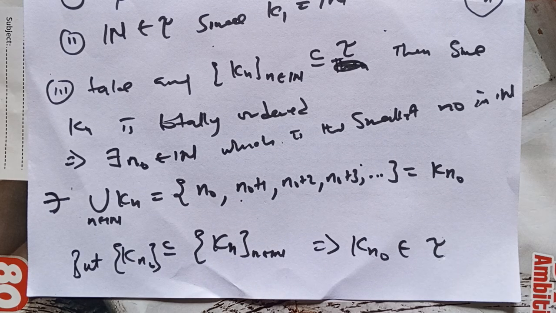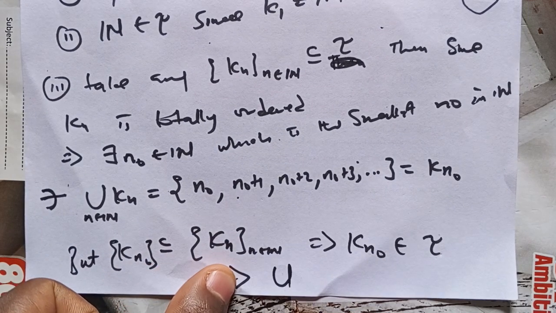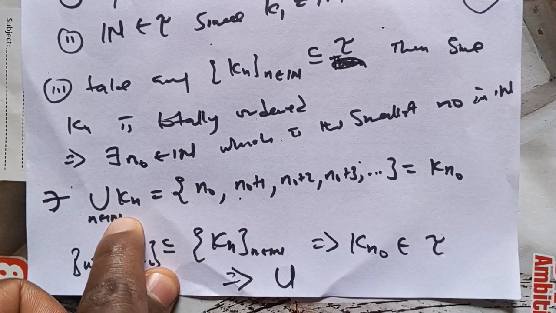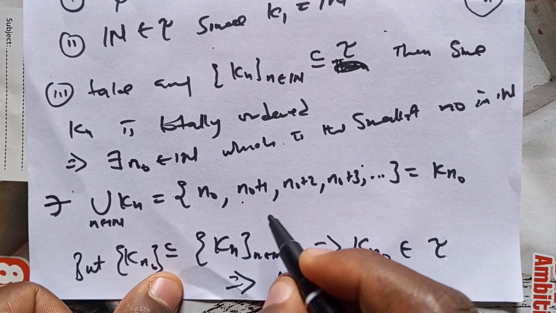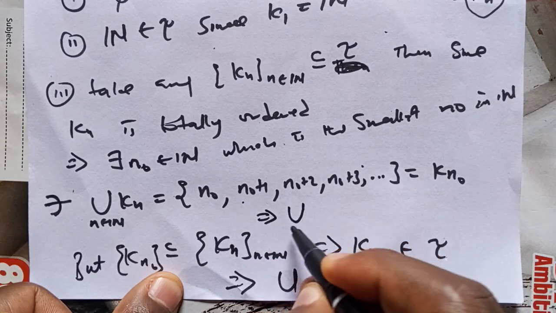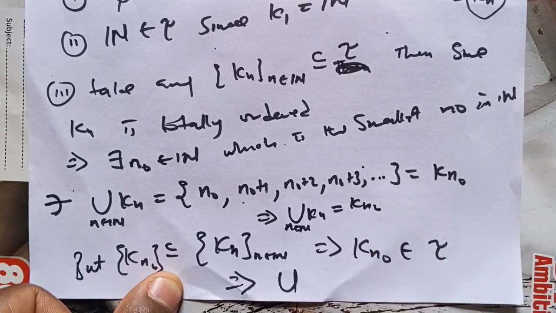Is in tau. Now we have shown that, remember, the union of this is equal to this already. Let me put here that the union over n in N of Kn is equal to Kn naught.